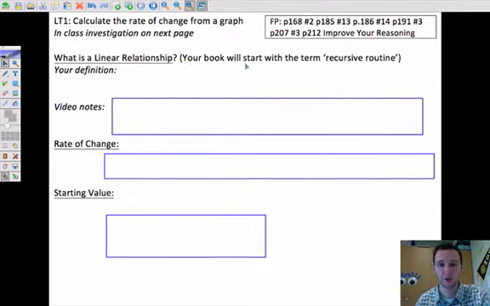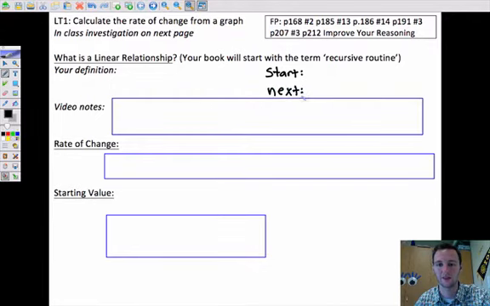Just a real quick note, your book will use the term recursive routine instead of linear relationship. That's not something that we will really talk about much in class. We will not really use the term recursive routine ever. But if you see it in your book, that's basically what it means. A recursive routine will have a start and then a next.